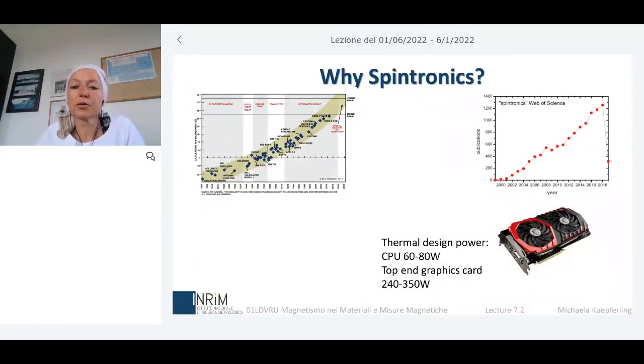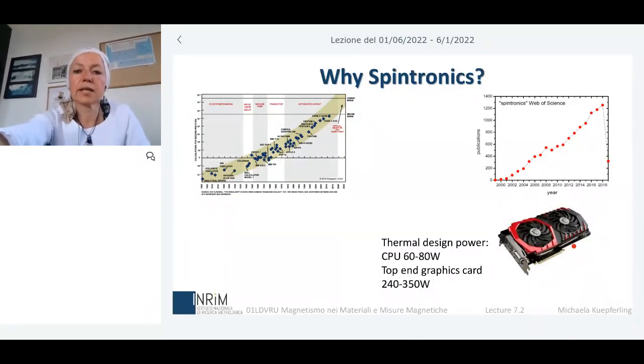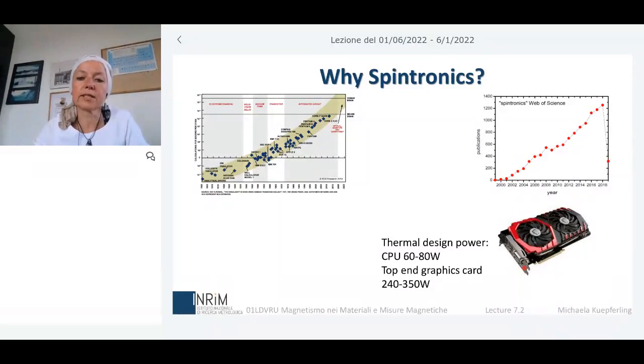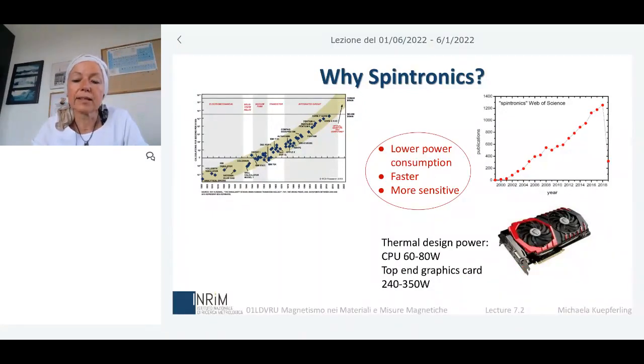Everybody who has a graphics card at home knows that graphics cards are relatively big and make a lot of noise. That's only because they have these large fans, because they are heating up so much. And of course, this is only energy that is wasted. So if we could find an electronics based on the spins, then we could most probably lower the power consumption a lot. But there might be also other advantages.